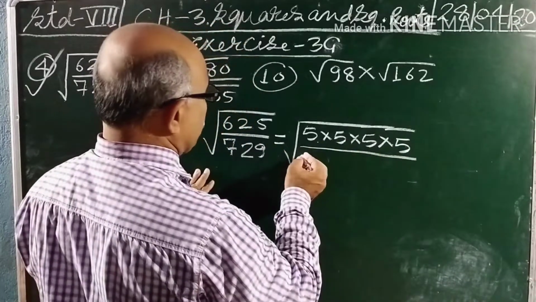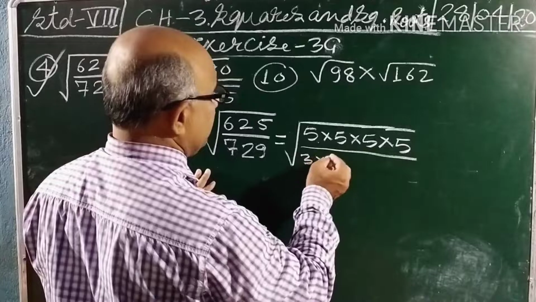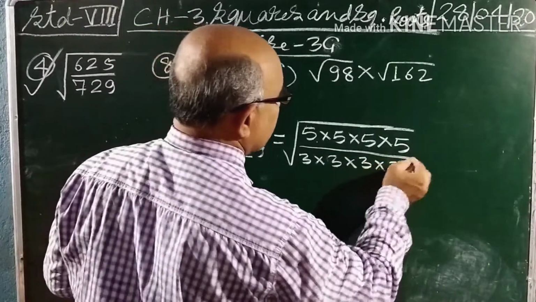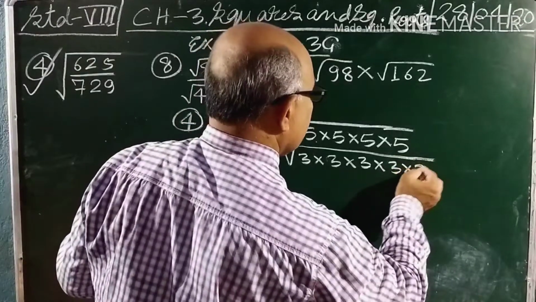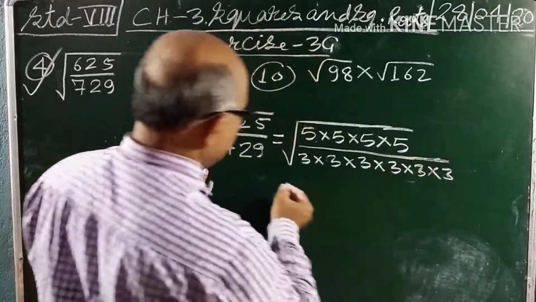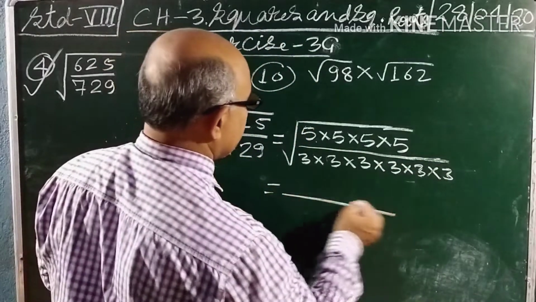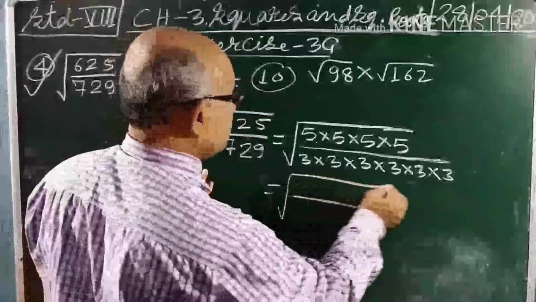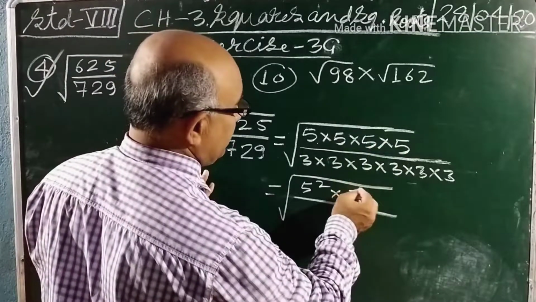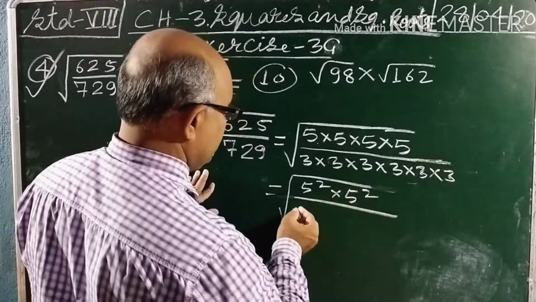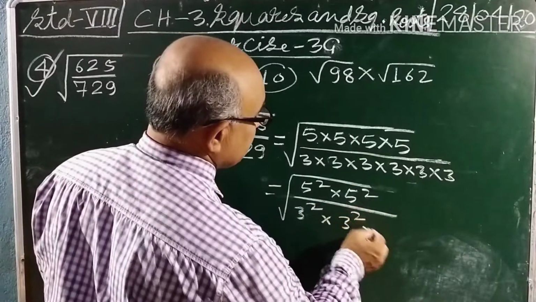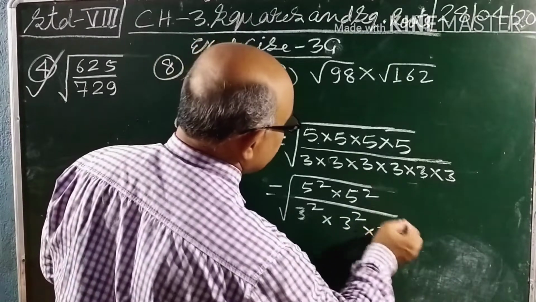Now 729 means 3 into 3 into 3 into 3 into 3 into 3. Now 5 into 5 is 5 square, and 5 into 5 is 5 square. 3 into 3 is 3 square, 3 into 3 is 3 square, and 3 into 3 is 3 square.